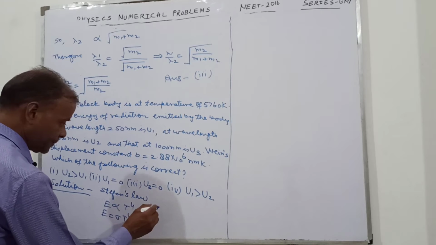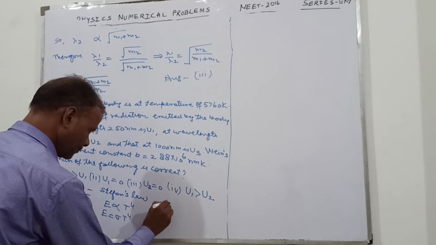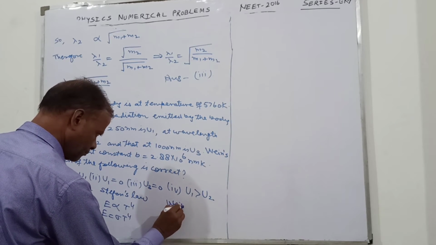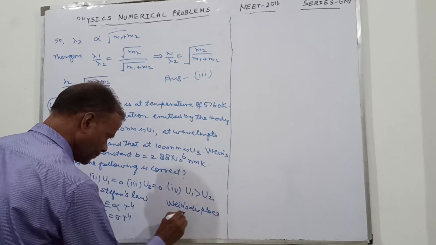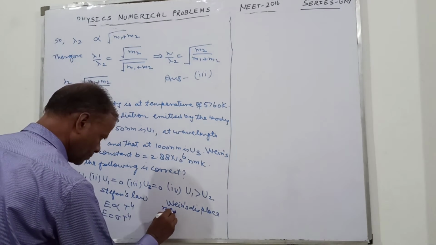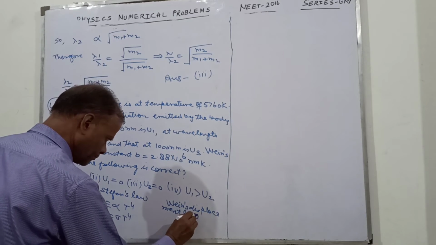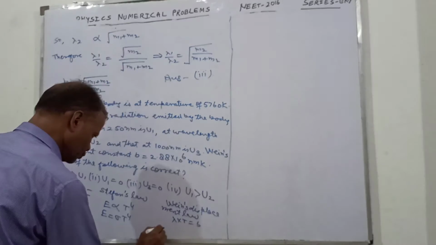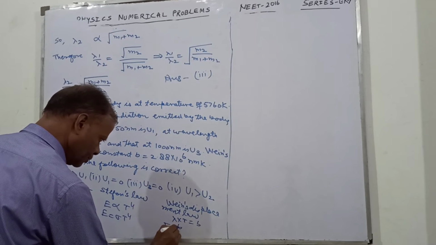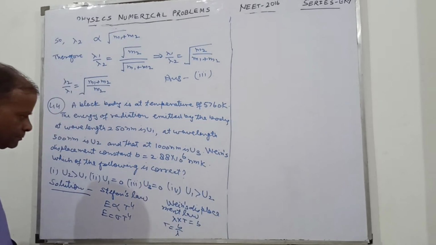By Wien's displacement law, lambda into T equal to b. So this T equal to b upon lambda.